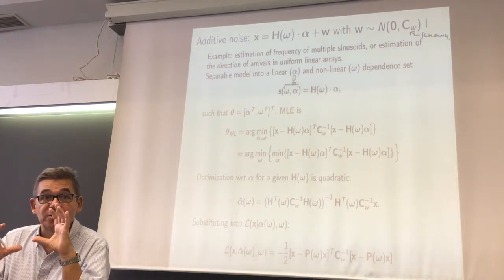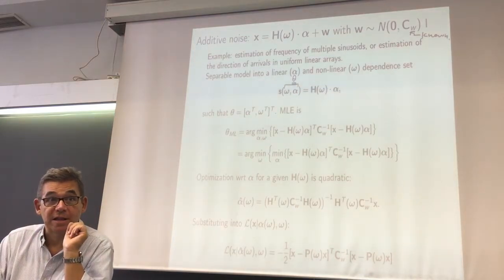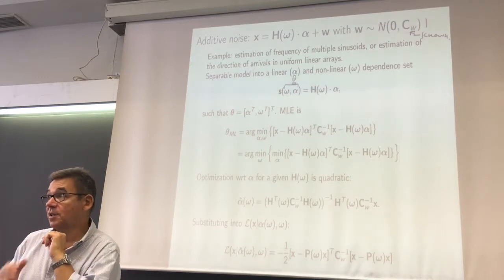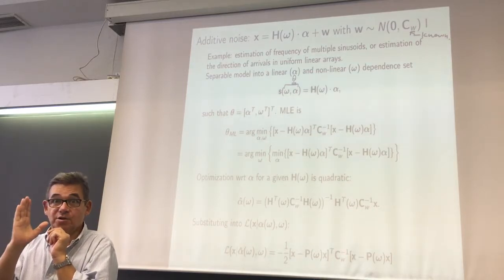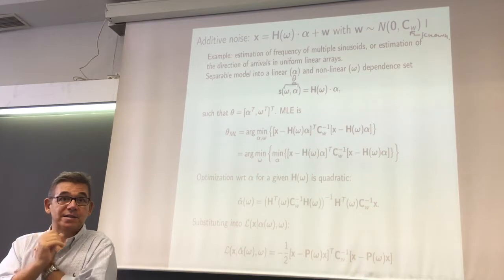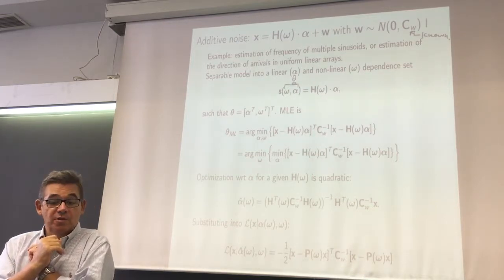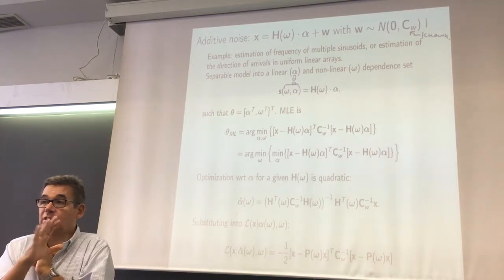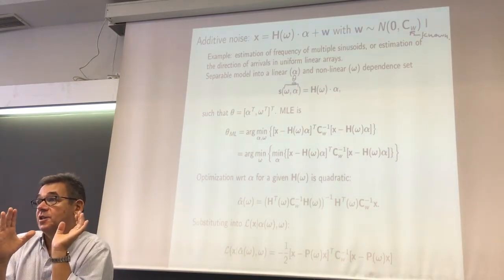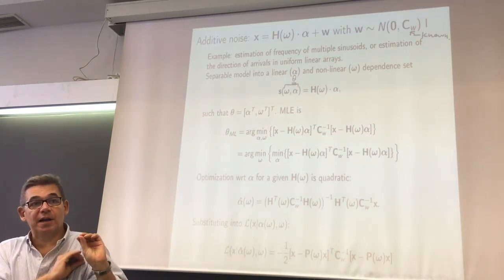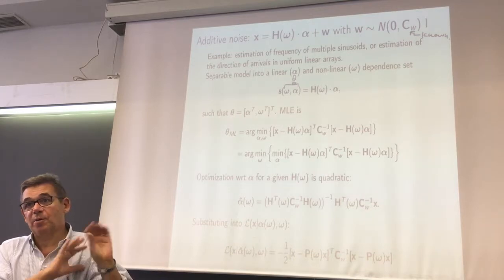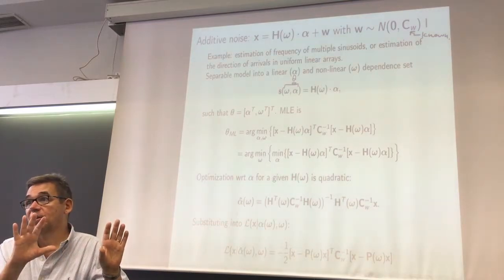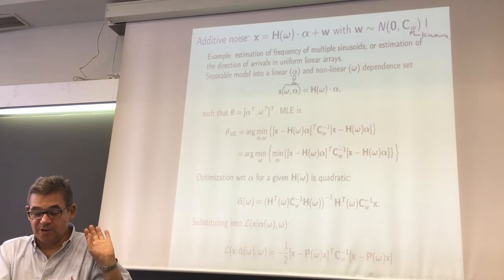They are different, because omega, the frequency, is hidden in the columns of the matrix H, and alpha is linear. So if I look at the problem depending on alpha only, it is quadratic. If I freeze omega at a certain value, the problem is just a quadratic. So that is the way I'm solving it.